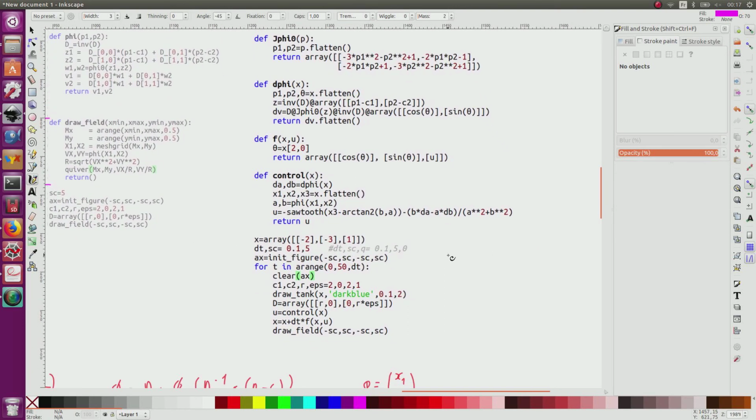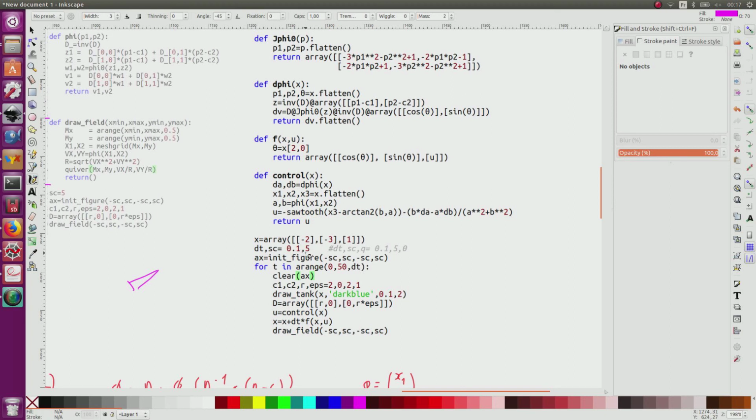So what did I add? First, I added this initial state, minus 3, minus 2, minus 3, 1, so 1 for the heading, corresponding to the initial state of my robot. I also added a for loop from 0 to 50 with a sampling time of dt initialized here at 0.1, so a small one.